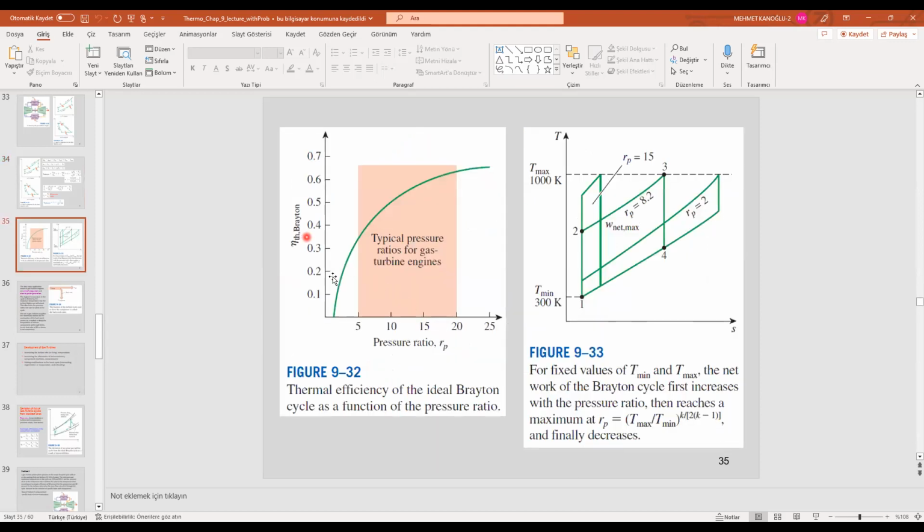This is given in this diagram, thermal efficiency as a function of pressure ratio. At low pressure ratios, as the pressure ratio increases, thermal efficiency increases very rapidly. Then after a certain value, the increase is a little bit slower. This is the change we expect. The range of pressure ratios in gas turbine engines is usually between 5 and 20.